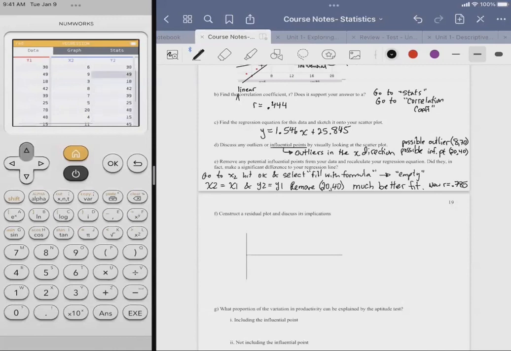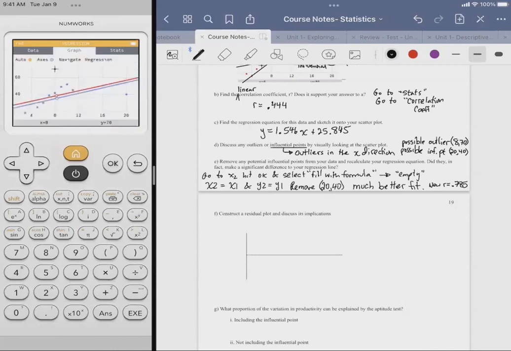Then we go to the graph. Not much of a difference in terms of just the appearance of it. The red is what you would have had if you left all the data points in. The blue is what you have just by removing the 870, that point where the crosshair is at the top. It's a minuscule impact on the graph. So that's the reason why we call it influential.